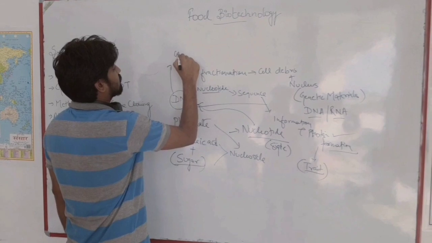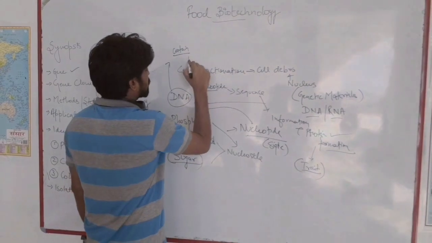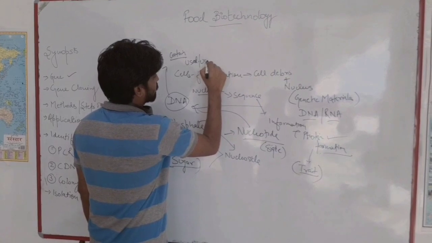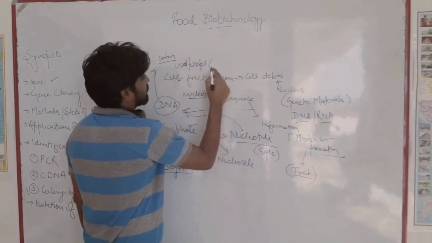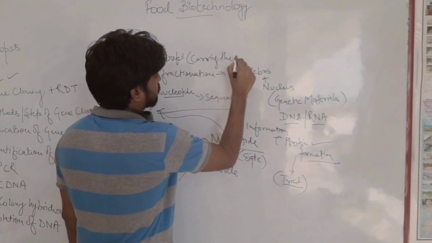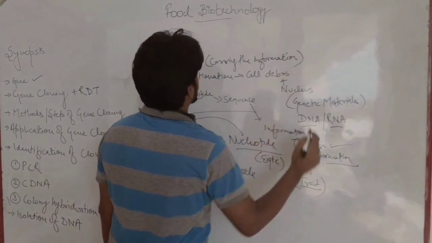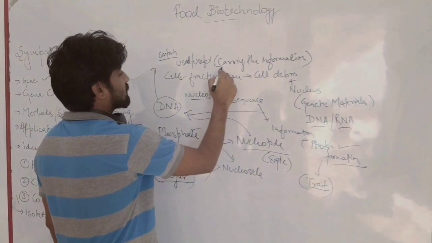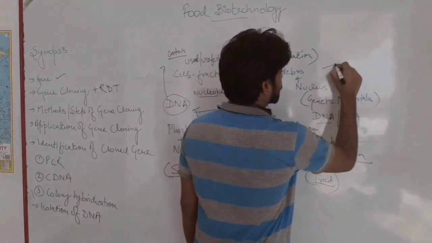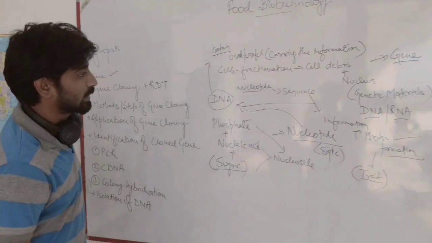This sequence of DNA contains several sequences which are in usable form, or which are useful, in other words, carrying the information. So this set of sequence in the DNA which is carrying the information is referred to as a gene. What is a gene? We will write a short definition.